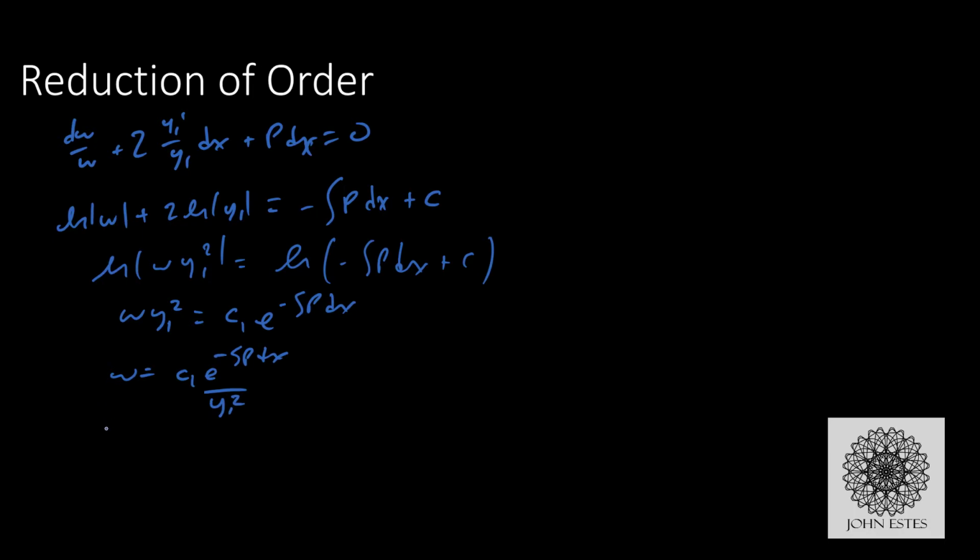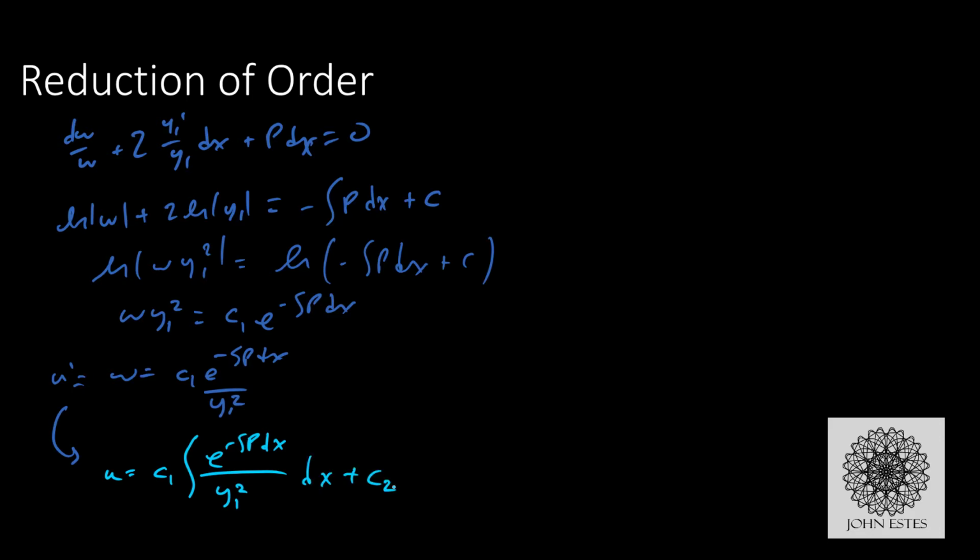And so remember, w is u prime. So then I get back to u. U is the integral of all this, c1 times the integral of e to the negative integral of p dx over y1 squared dx plus a c2.